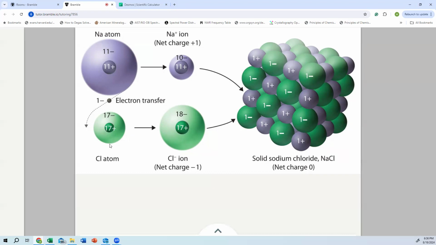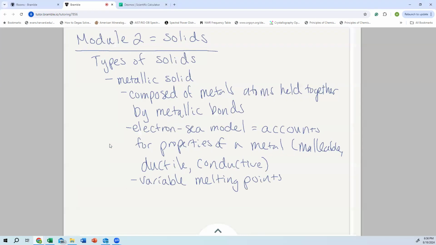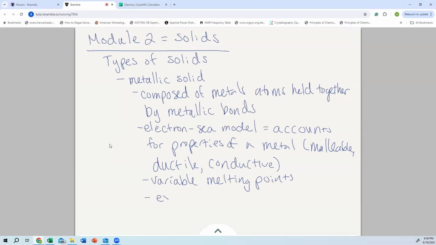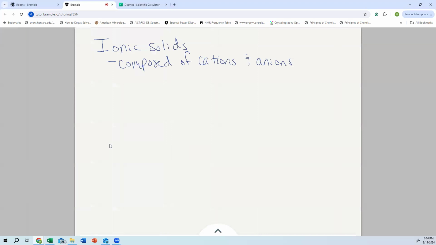And just like our metallic solid, and I should have specifically said this is an extended solid. An extended solid is one that will just keep going on and on until you cut off the crystal or end the crystal. Same thing goes on with our ionic solid. This is also an extended solid.